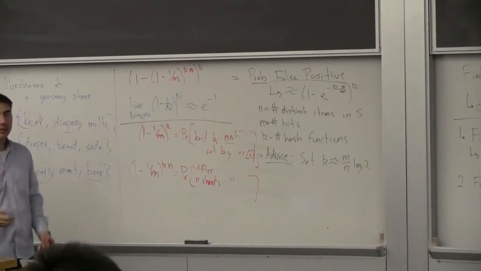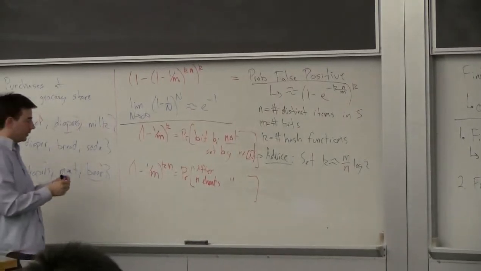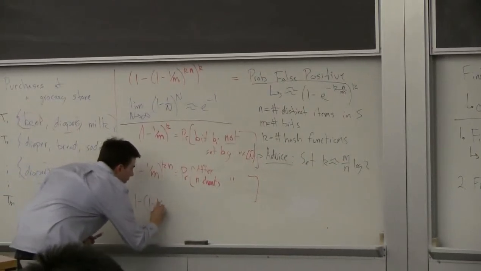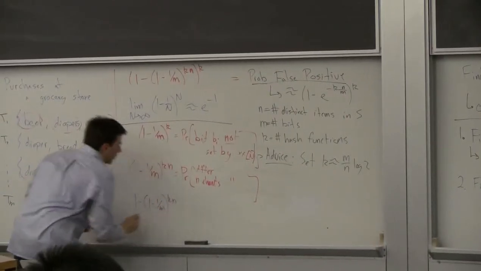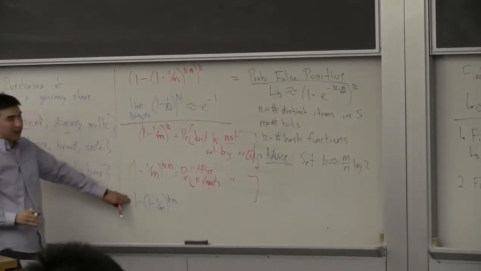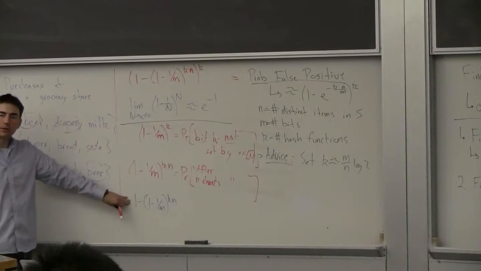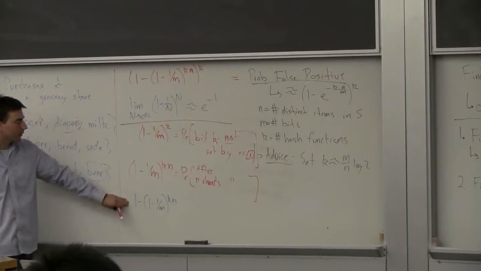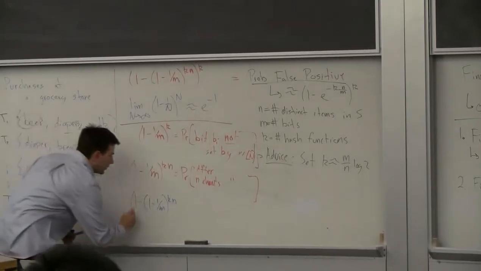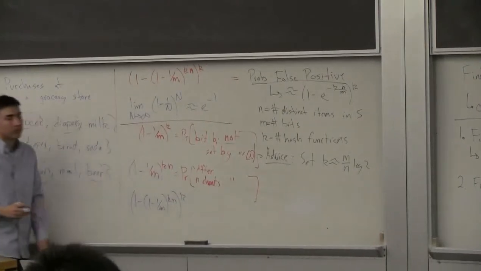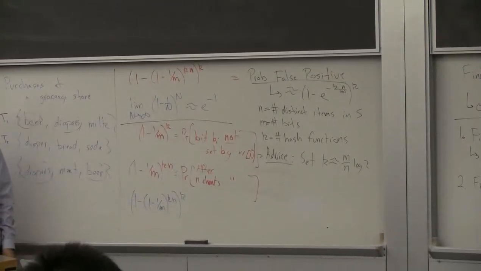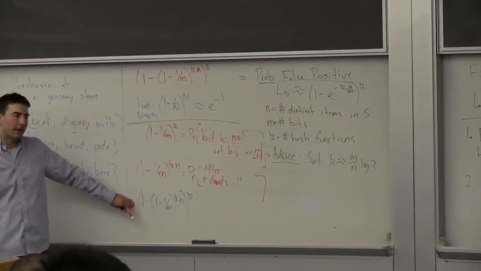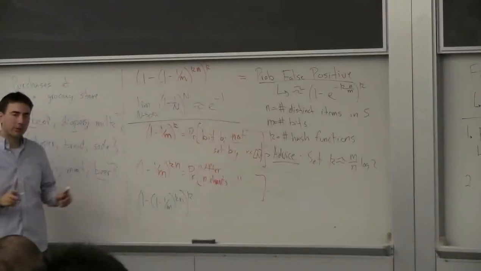So 1 minus this quantity is the probability that one of the bits is set. This is the probability that a bit is set after I put in n items. And I need to do this k times. So this is the probability that I check k independent hash functions and all of the bits are set to 1, even though the item wasn't in there.